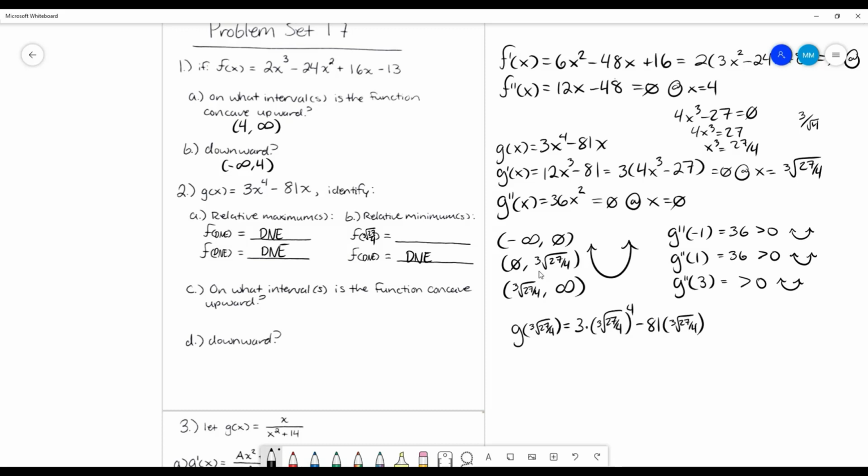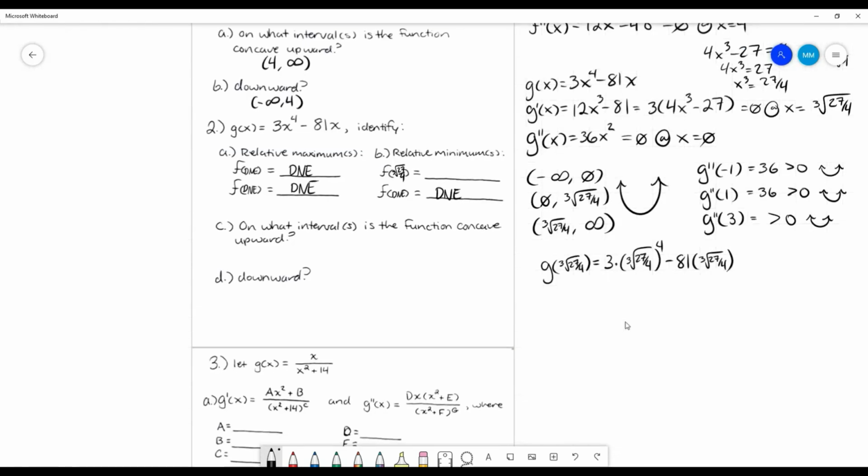That's probably an ugly number. I would plug that into a calculator. Oh? No. I made this function uglier than I'd hoped. For shame. Anyway, it's concave upward from negative infinity to infinity, we just found, and downward never. And the relative minimum is at whatever number this is.